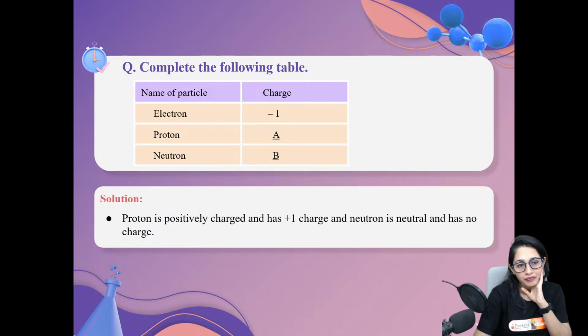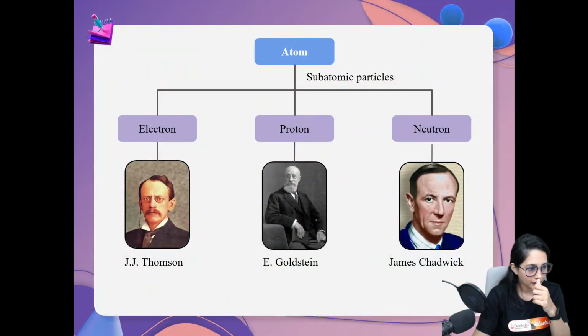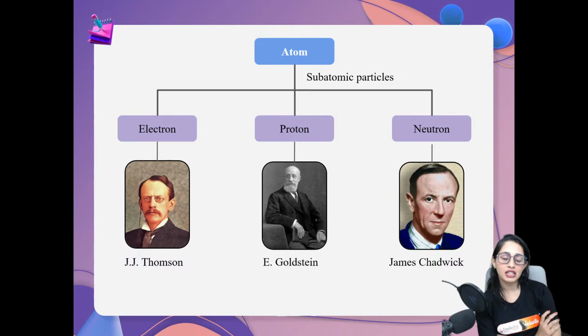Next, complete the following table. This is done. So as of now, we have discussed the subatomic particles and their discovery. The gas discharge tube experiment is very important. The only difference between the discovery of electron, that is cathode rays, and anode rays is the experimental setup difference, the perforated cathode.